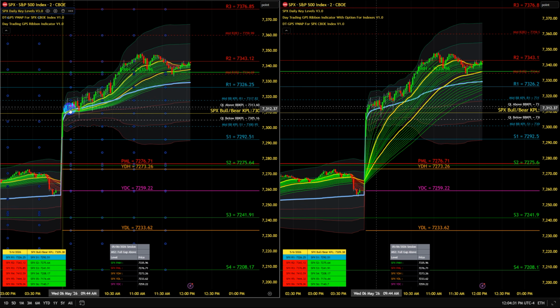So if you're using dual confirmation split screen, you're getting confirmation from both ribbons on this close above. You also have this close above here, and also these close aboves over here as well. Even this candle here, which is a red candle, still closes above after wicking below.